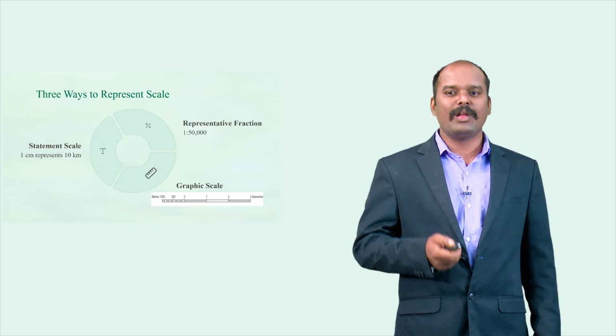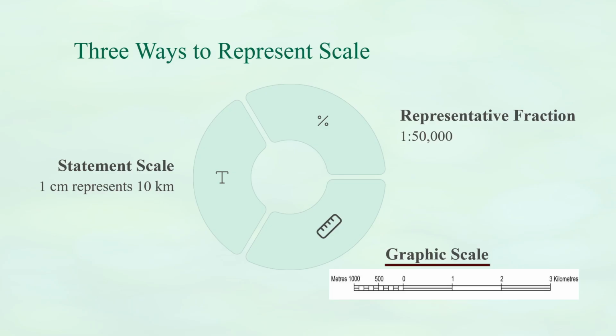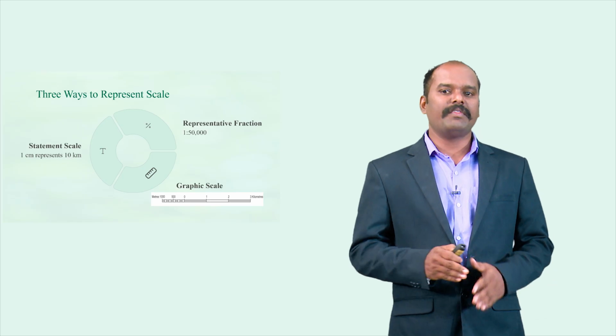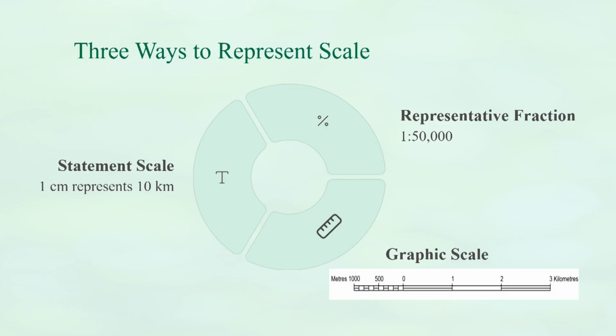Now, you can look at a kind of graphical scale on the screen. There you can see 0, 1, 2, 3 kilometers, and to the left of 0 you can see 500 meters. I just want to convey that a graphic scale will have two types of divisions: primary division and secondary division, or subdivision. Here 0 to 1, 1 to 2, 2 to 3 are called primary divisions. 0 to 500, 500 to 1000 will be called secondary divisions. We will be studying this in detail in upcoming lecture series.